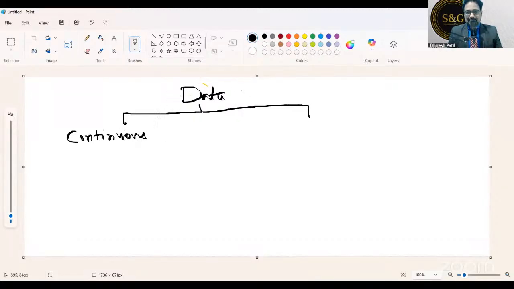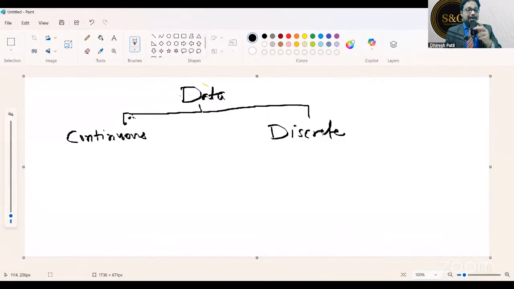On the other side, we have discrete data. This is count data, where we have a count number. For example, how many pieces, how many calls I received, out of which how many calls were up to the mark and how many were not, how many calls solved the query of the customer and how many did not. I'm counting, not measuring.